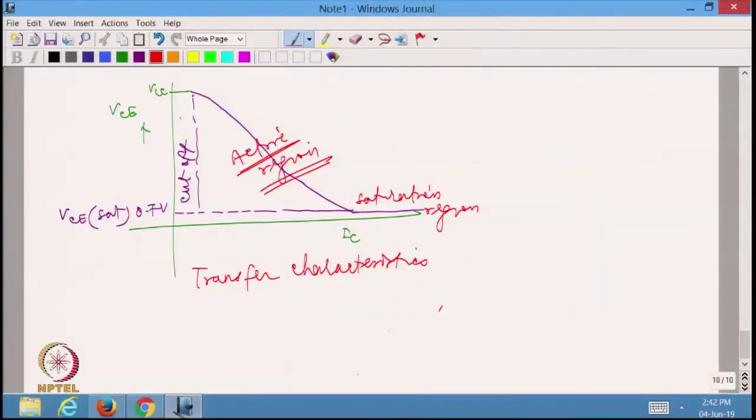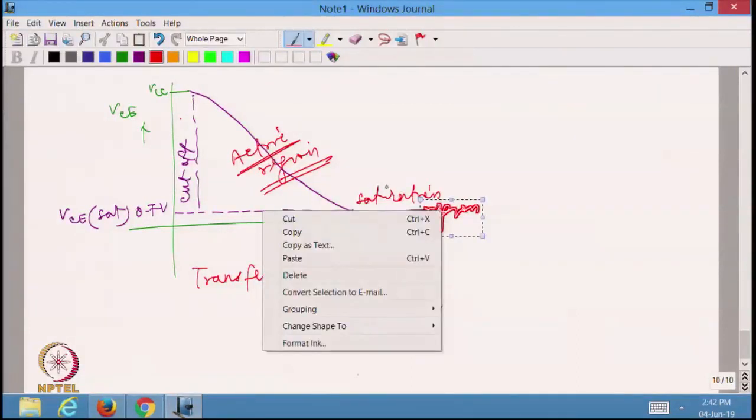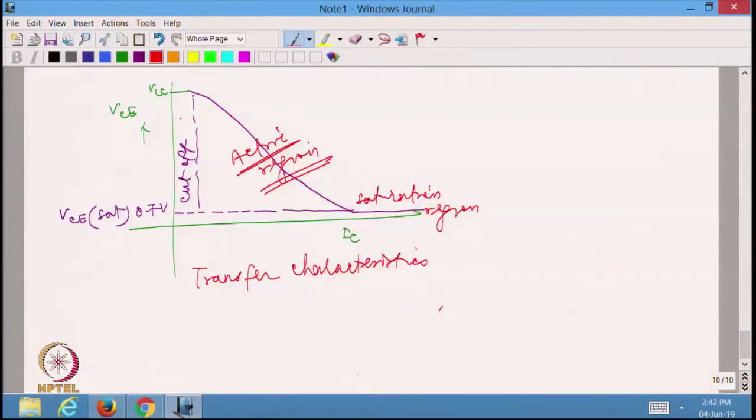Either I am going from off condition to on condition, which is saturation condition, or from saturation condition to off condition. Only during that time this active region is going to be traversed. Otherwise, never do we operate in active region as far as my BJT is concerned.